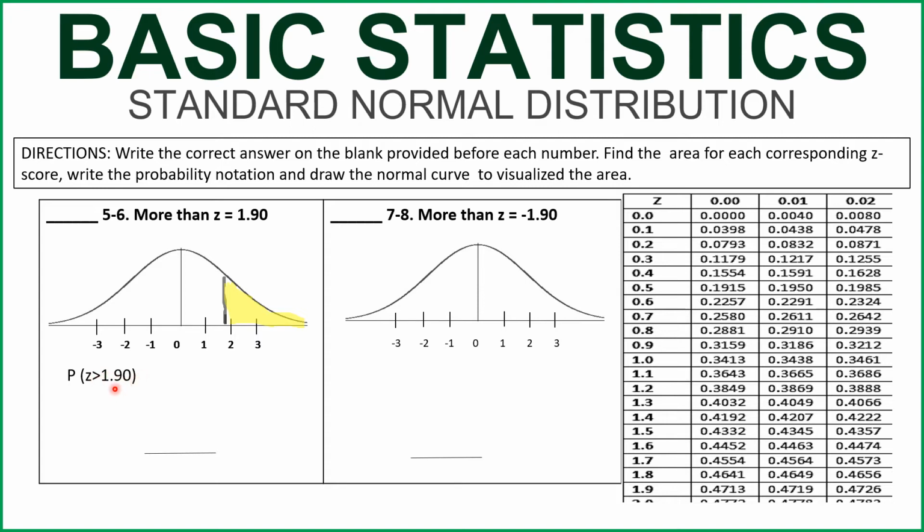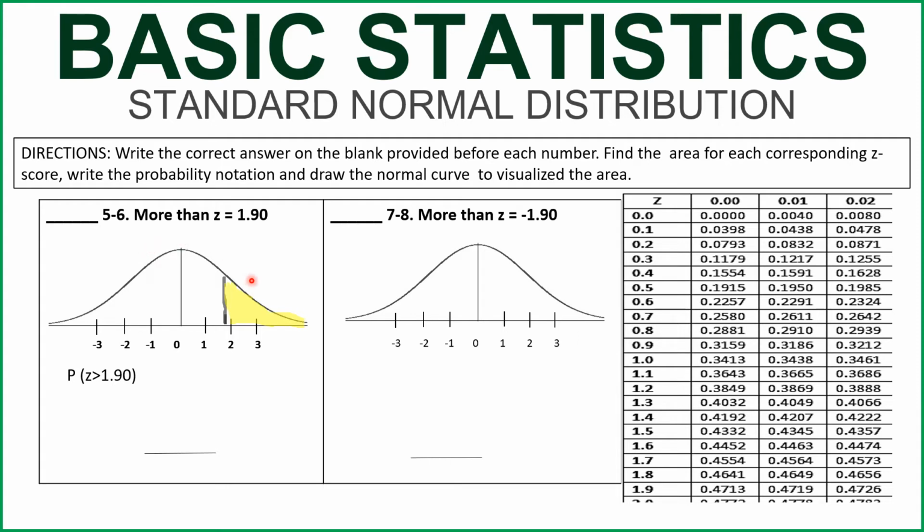Greater than means more than. They're synonyms, right? I told you a while ago to bear in mind that half of the symmetrical normal curve is equivalent to 0.5, and the other side is 0.5.